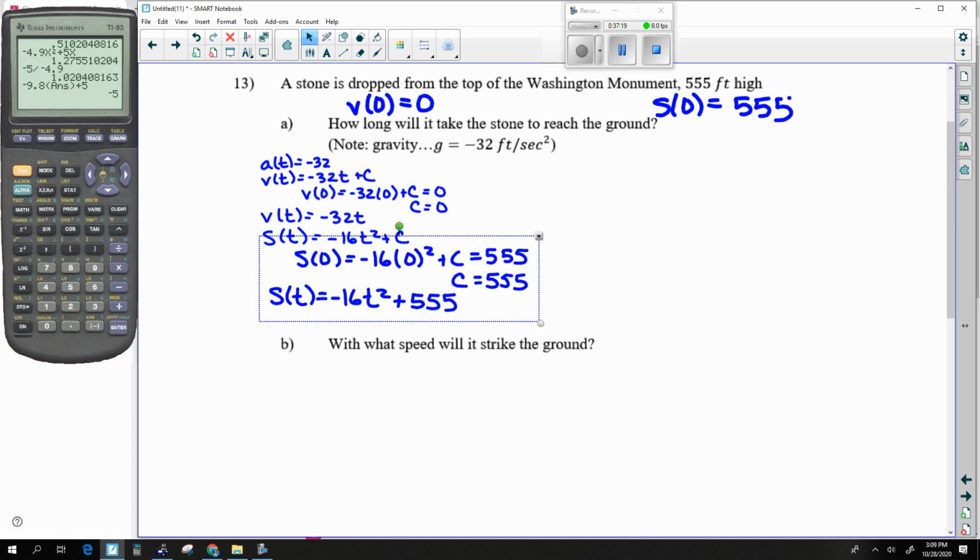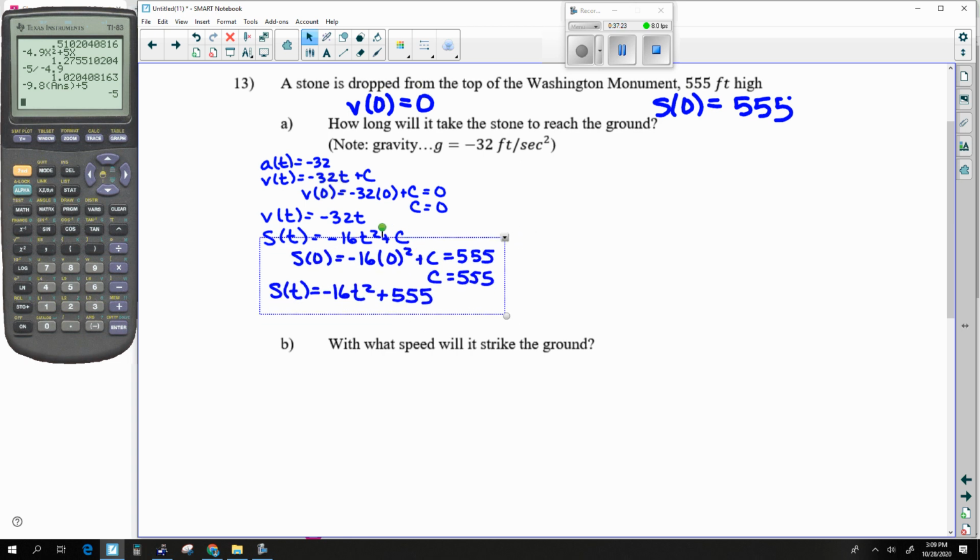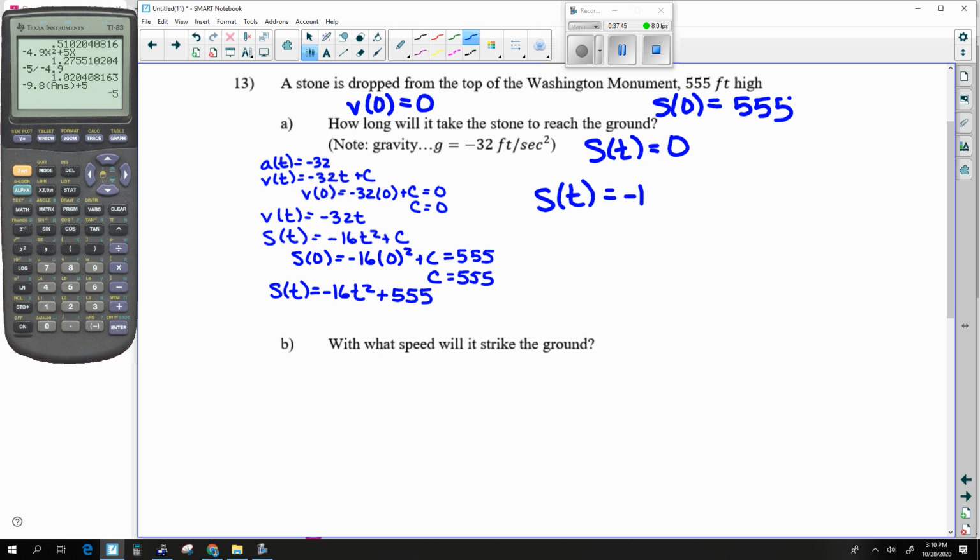Rocking and rolling here. All right, but the question is, how long will it take the stone to reach the ground? So reach the ground means the position is equal to 0. That's when it's going to reach the ground. So let's take this position and set that equal to 0.